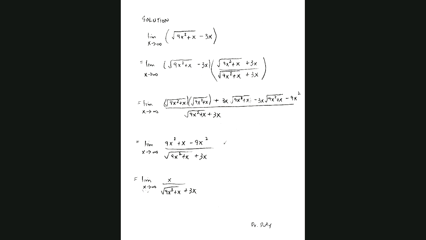We're going to multiply by the conjugate. On the numerator, we're going to multiply the square root of the quantity 9x squared plus x minus 3x, which is over 1. We know that. So I'll multiply the numerator and denominator by the conjugate.